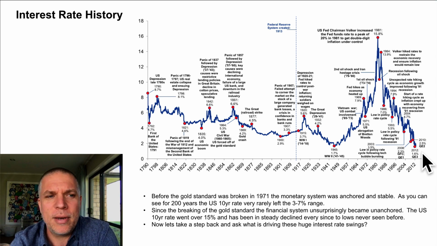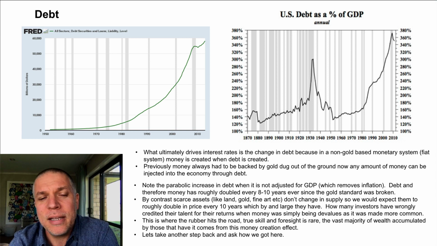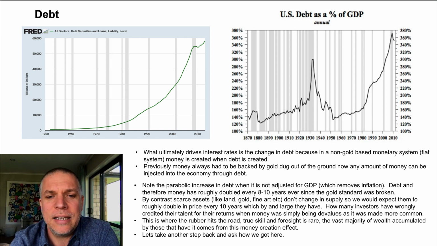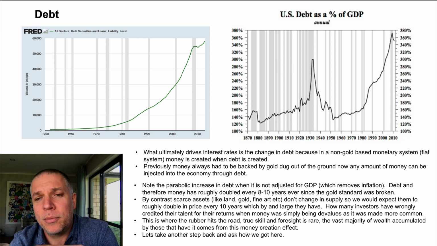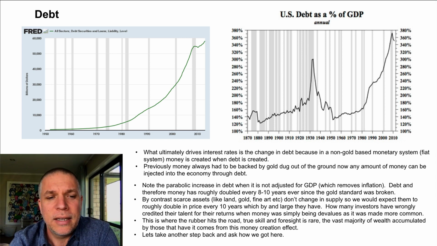Why has this happened? To understand that environment, that cycle, you really have to understand debt, because ultimately interest rates are driven by debt, because money supply is driven by debt. As debt's issued, that injects fresh money into the economy. And then as the economy reacts to that, so does interest rates.